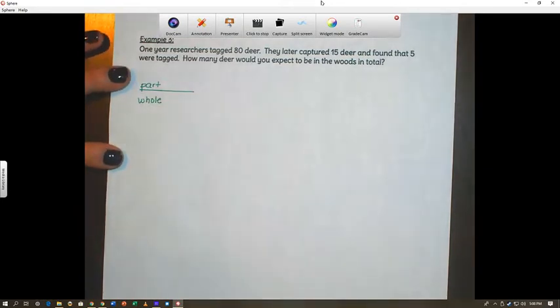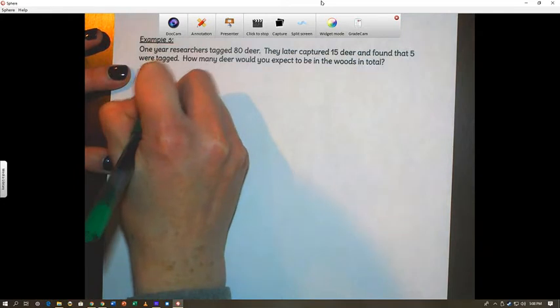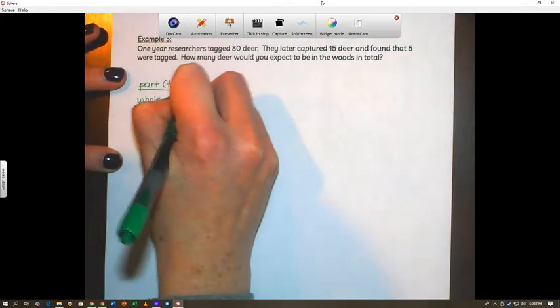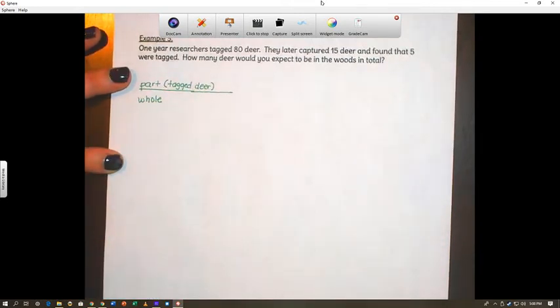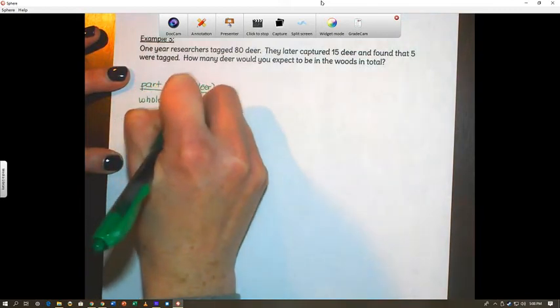And the part we're going to say is the number of deer that are tagged. And the whole is the total number of deer.